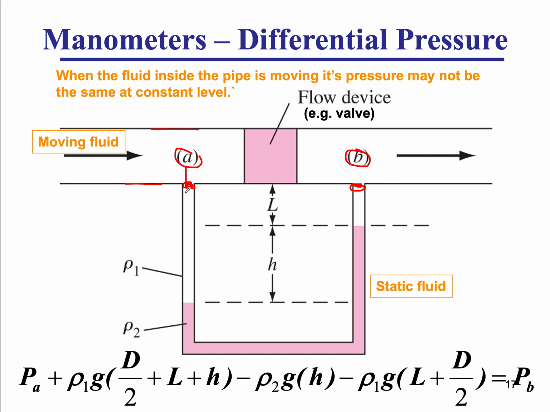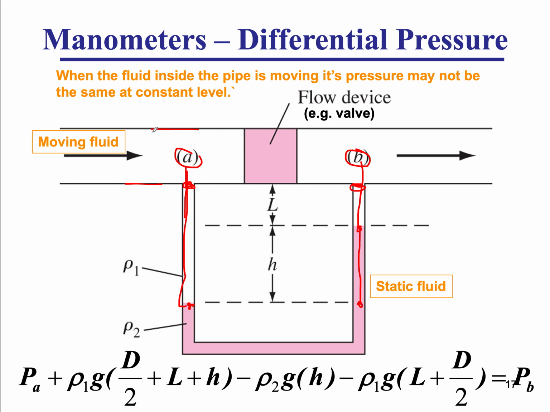There is no motion in the vertical direction, so I can take the pressure at A plus the height of the fluid, which gets me to the pressure at this point, which is also the pressure at this point, minus the rho g h of fluid B, minus the rho g h associated with the other leg of fluid A, which gets me to pressure B. And that's what we have over here.